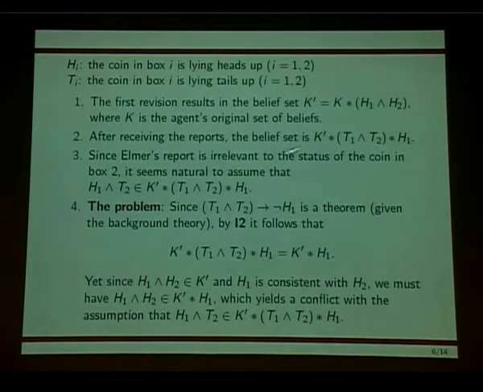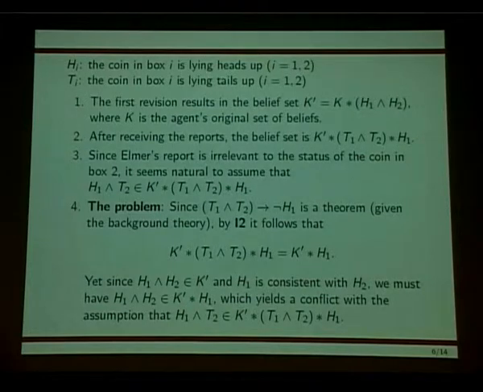Now we have two more independent reports by Carla and Dora, C and D, that no, it's tails in 1 and it's tails in 2. Then we have a fifth report by Elmer, who says, no, actually it's heads in 1. So we first have H1 and H2, then a further revision T1 and T2, and then a further revision H1.